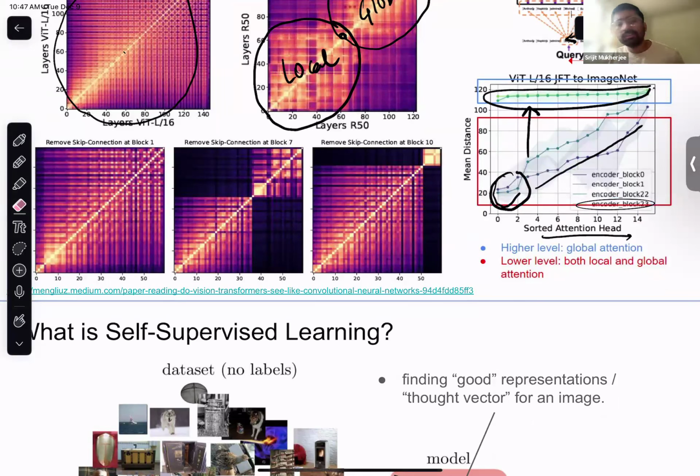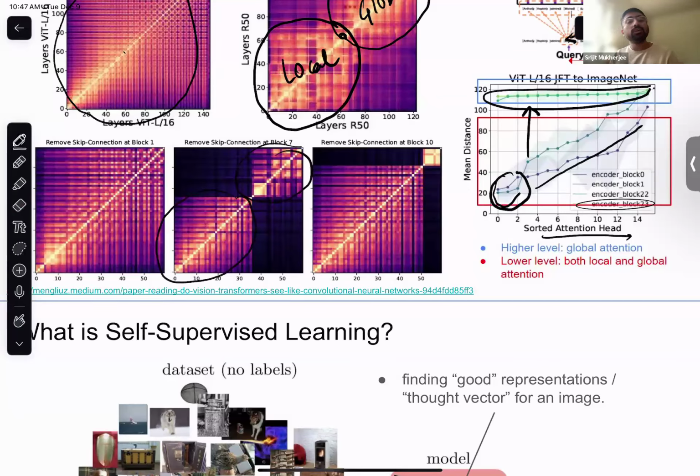Another important feature they observe is that the skip connection is very important to retain the features because the features decay over time. The skip connections keep on reminding from the previous layers. If you remove the skip connections, you see two different feature extractions here.